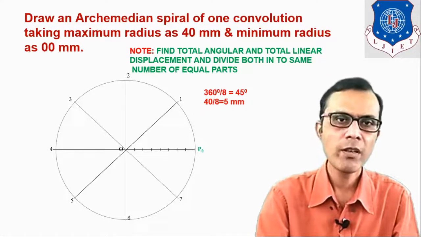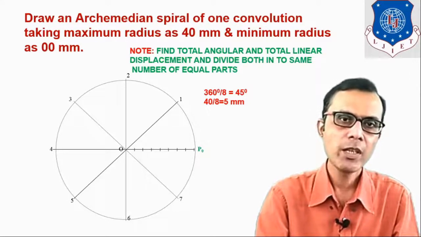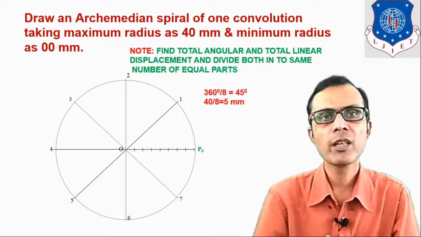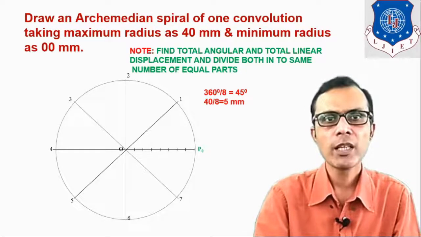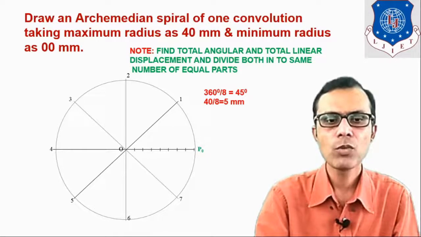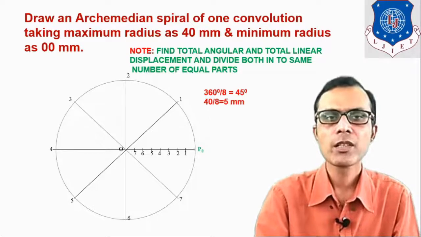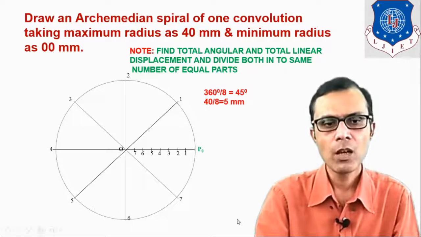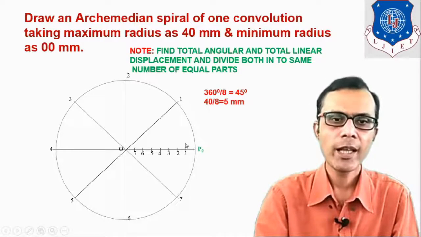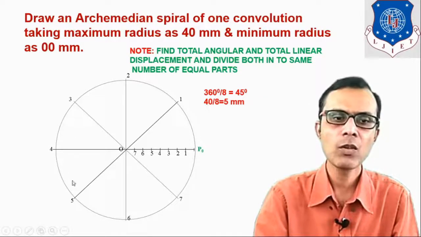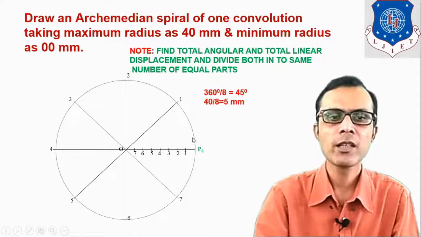Dimension of one division is 5 mm and we assume that the point is moving towards the pole. So accordingly, we have to notify the division numbers 1, 2, 3, 4, 5, 6, 7, 8. Now OP0 is the initial position of the link and it is moving in anti-clockwise manner in this direction.